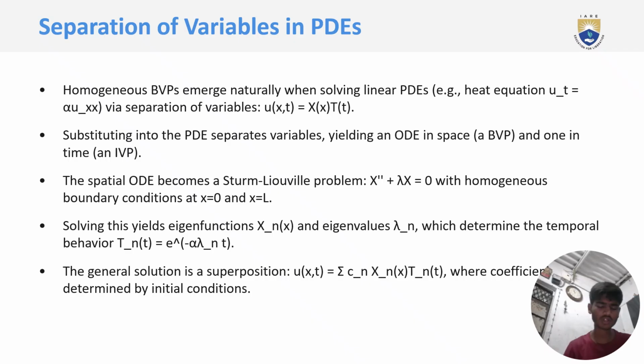The spatial ordinary differential equation becomes a Sturm-Liouville problem with homogeneous boundary conditions at x equal to 0 and x equal to L. Solving this yields eigenfunctions X n of x and eigenvalues lambda n, which determine the temporal behavior. The general solution is a superposition, u of x comma t equal to the summation of C n X n of x T n of t, where coefficients are determined by initial conditions.